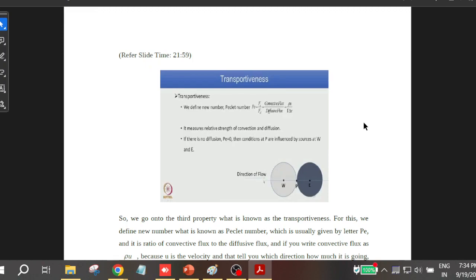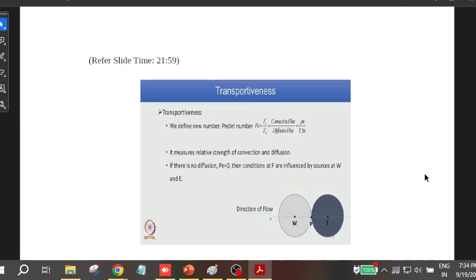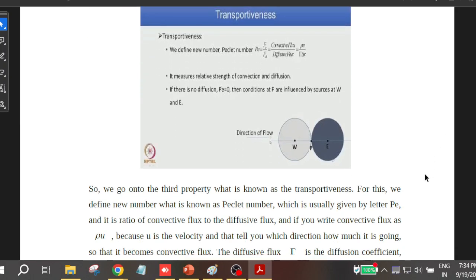What if these two circles actually represent sources and their influence? The direction of flow they have given is from the left side, so P should be influenced by W in that case. P and W are nodes.